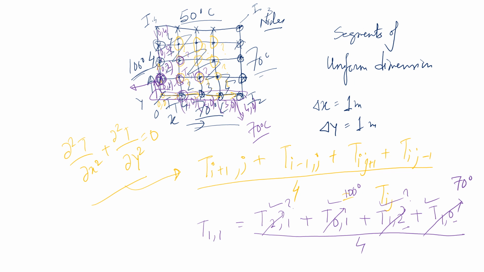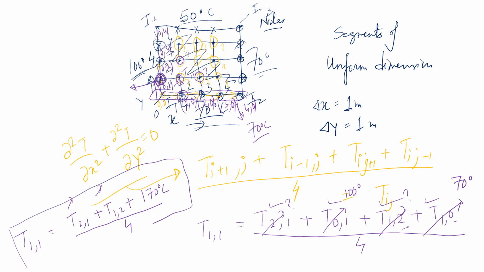So you see T11 will be T21 plus T12 plus 170 degrees centigrade, divided by 4. So here we have two unknowns, and this is the equation which represents the temperature at this first point, this one.